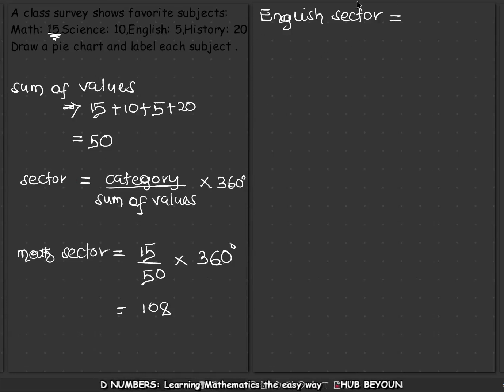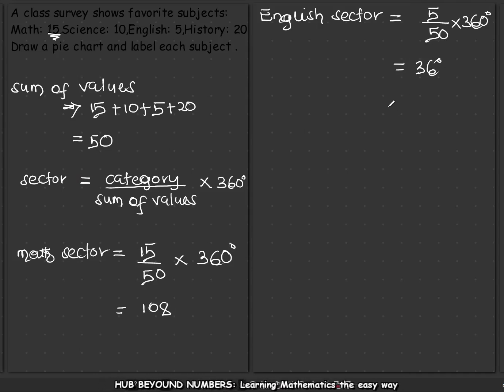This time around, the English sector is going to be the value we have on English, which is 5, over the sum total of all the values, which is 50, then times 360 degrees. If we evaluate this, that gives us 36 degrees.